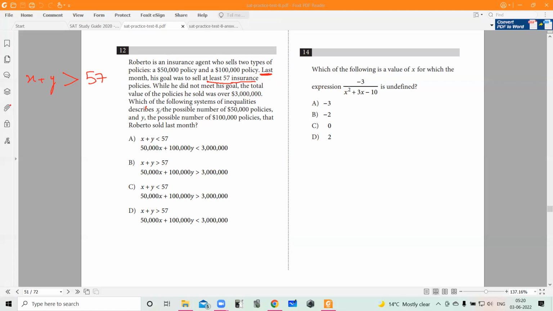Can you first tell me what should be X plus Y? First of all, clear this thing. What should be X plus Y? Less than 57. But isn't the target greater than 57? Yeah, but he didn't make it. So let's take X plus Y is less than 57. And the second thing, 50,000 X plus 100,000 Y was less than 3 million?